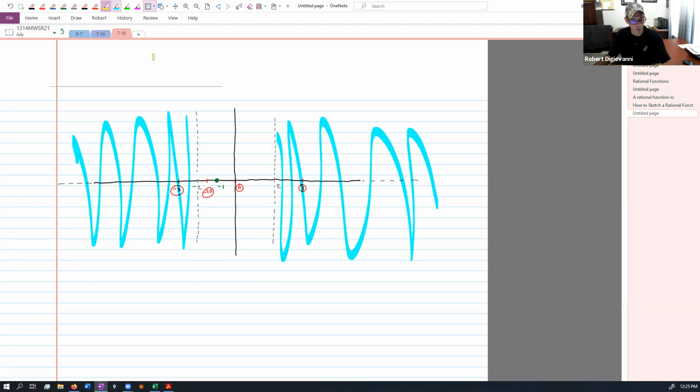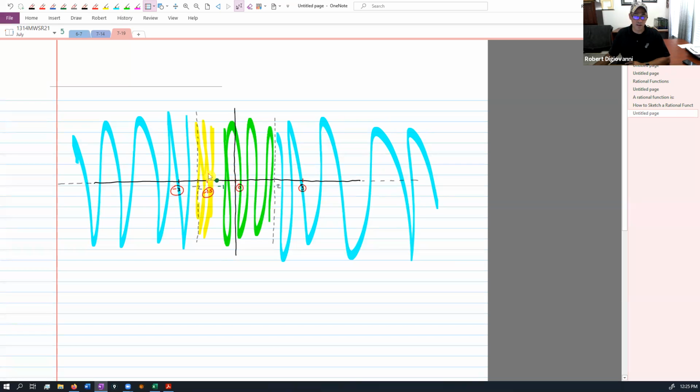So I need to know what's happening to the left of this dot and to the right of this dot. There are 2 regions here where I needed to pick test points. I picked 0. You could have picked 1. You just can't pick 2 or 3 or 4 because it's got to be between here. So I picked 0. And then here I picked a point between -1 and -2, which is -1.5. Does that help, Darsha?